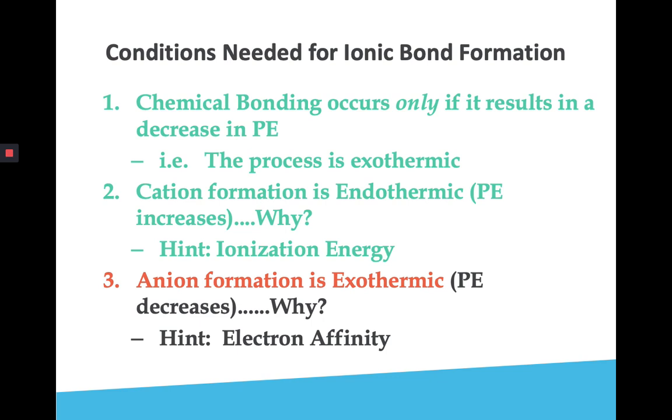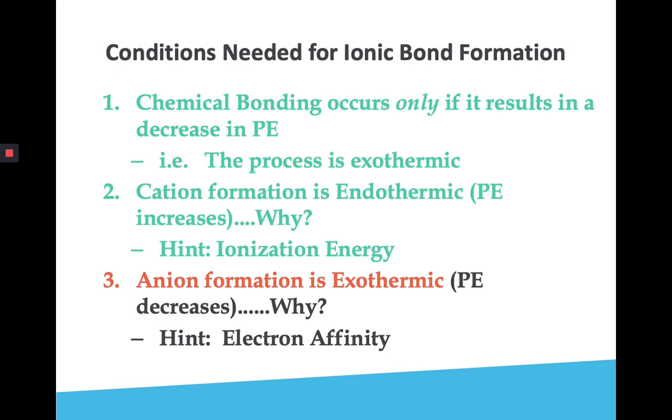So remember that for cation formation, you need energy to be supplied to your atom. Okay. So endothermic, energy goes in. Well, for anion formation, energy is released in order for the ion to become stable, and the energy that was released is measured in terms of the atom's electron affinity.